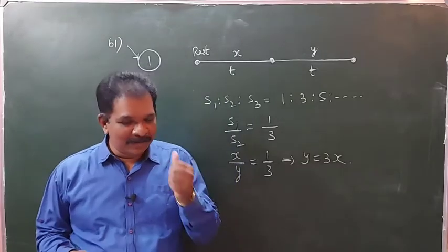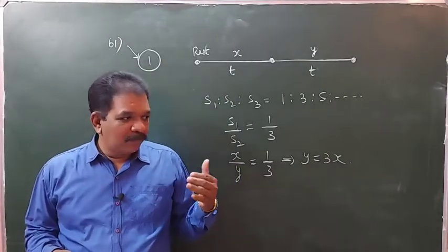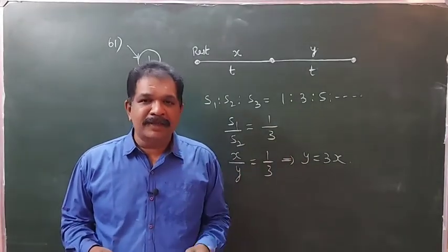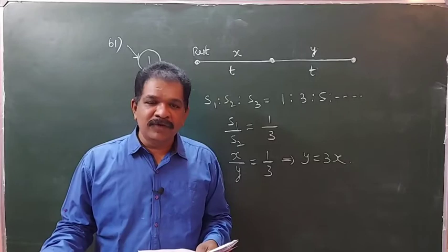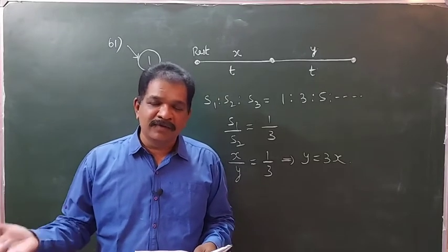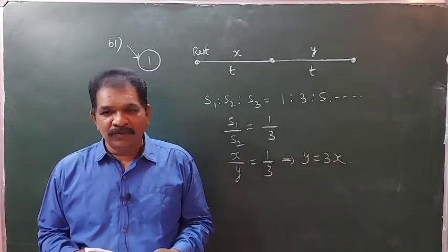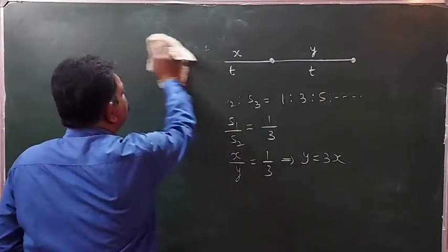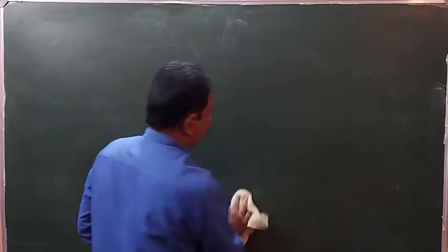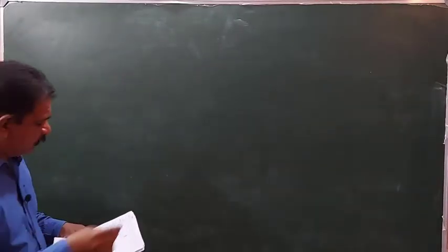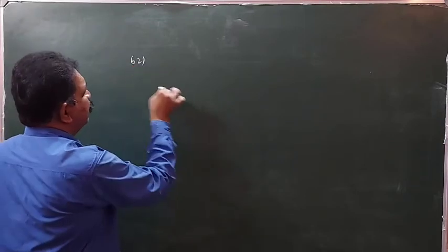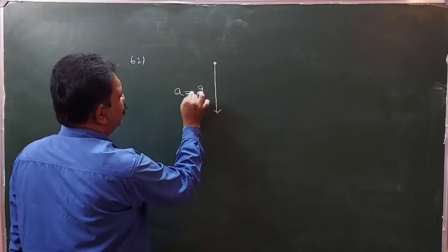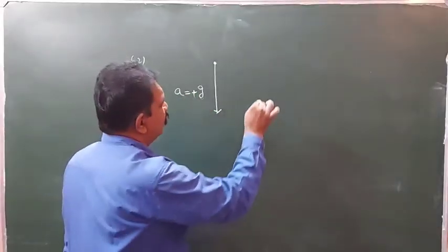What is wrong in that is, depending on the chosen axis, we can consider acceleration as positive or as negative. For a freely falling body, I choose a is equal to plus g.